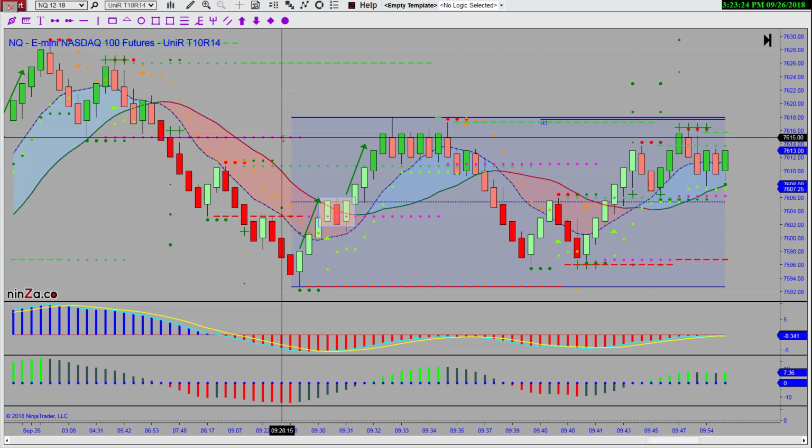When you go down to a faster, more sensitive Renko, you run the risk of getting more false signals. So the quicker you have your signal, the more quick twitched it is, the worse it's going to be as far as providing bad signals. So it's a trade-off, and you're going to have to play with whichever one works for you.